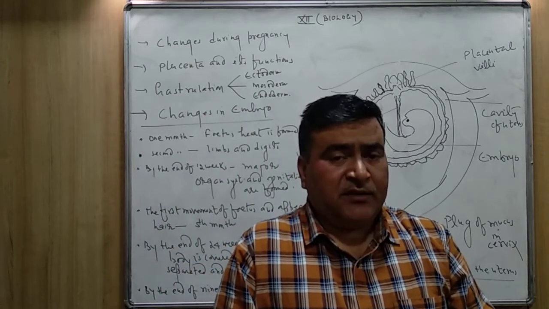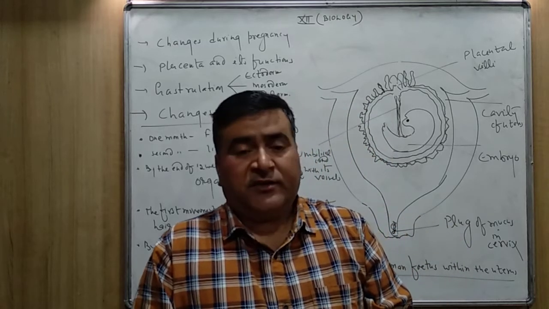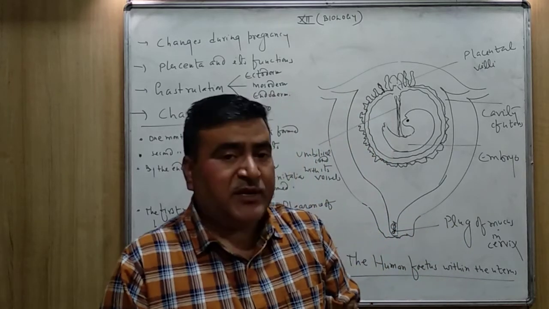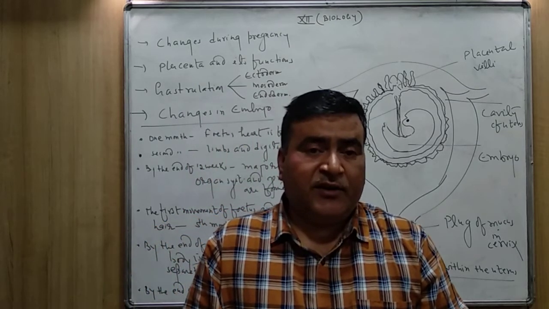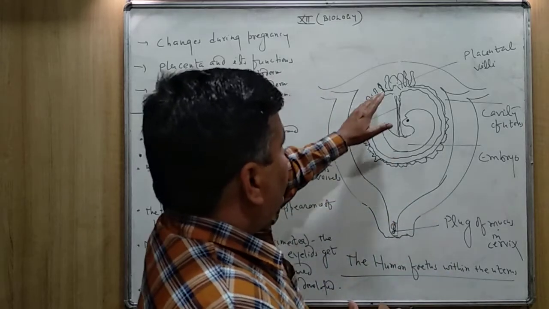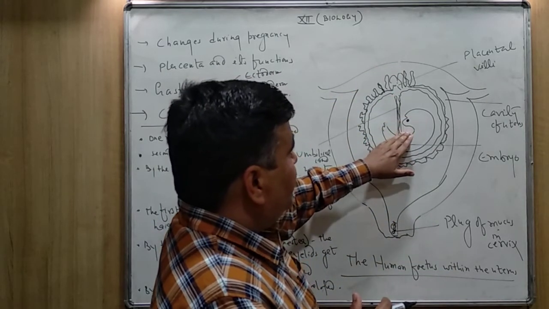The placenta performs so many functions. The first one, as I told you, placenta supplies nutrients to the fetus through the umbilical cord.